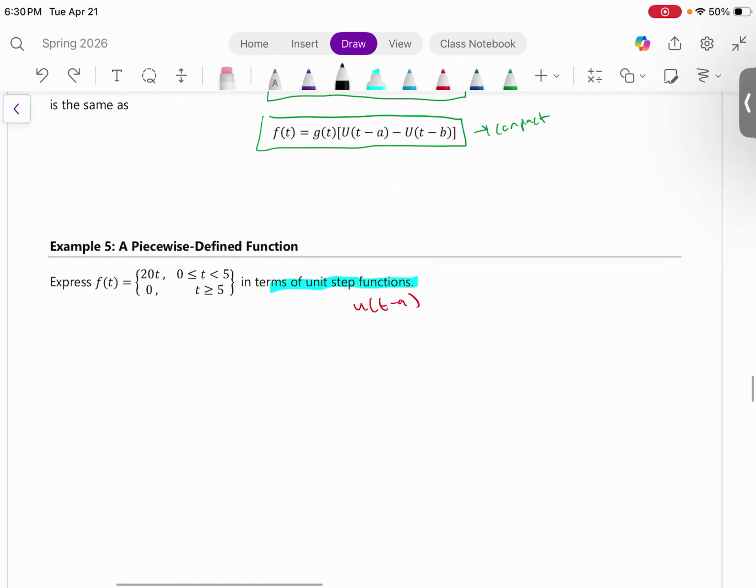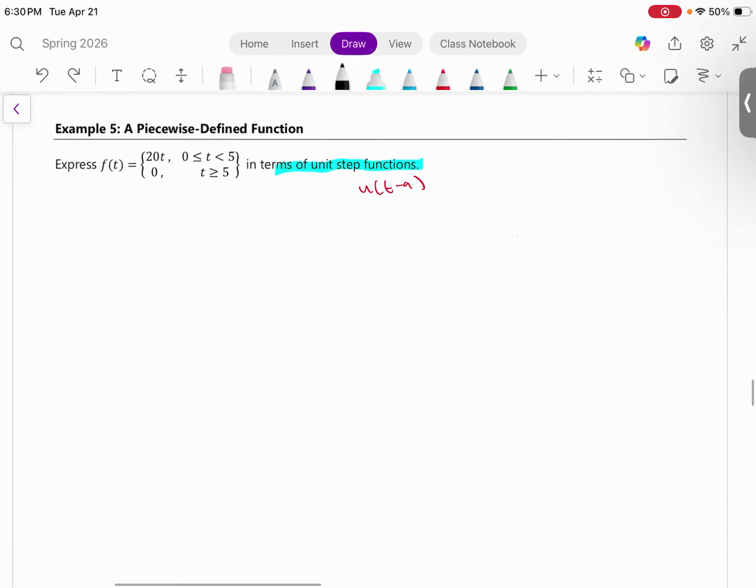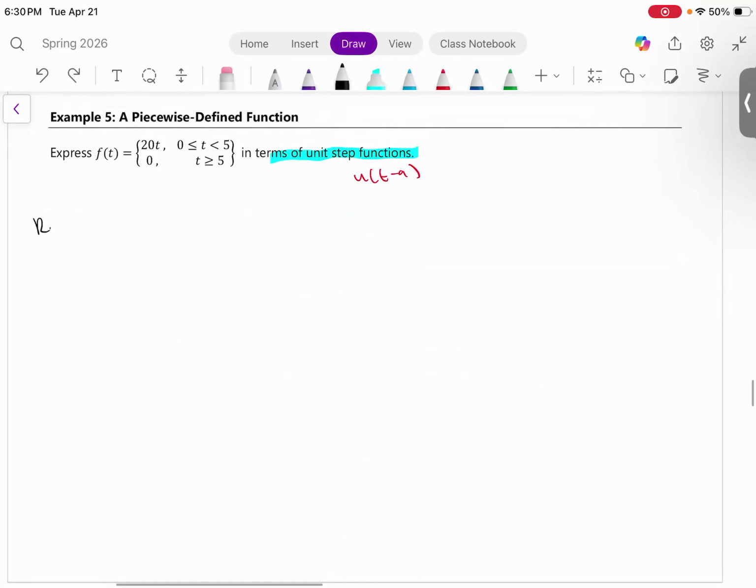We can even rewrite it down here below. Recall, f of t equals the piecewise function g of t defined for 0 less than t less than a, and h of t for t greater than a.